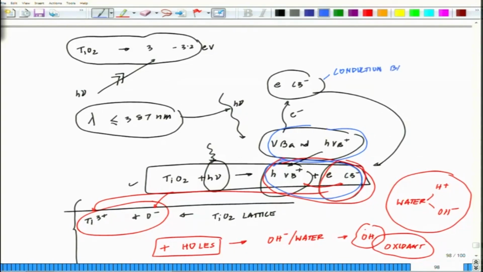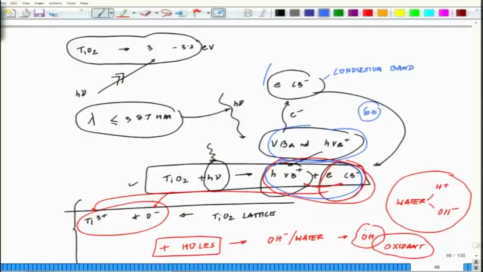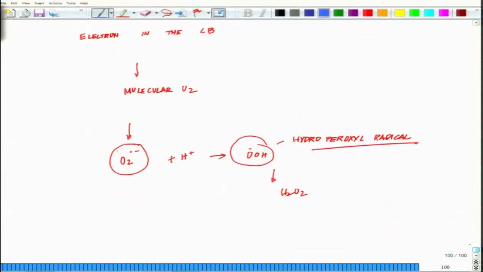These happen for a very small delta t, some femtoseconds, an exceptionally small period of time. Even before something happens, these two recombine, and this is a huge problem of recombination, which is rate limiting.